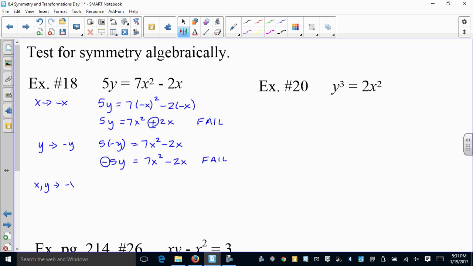So now I have 5 times negative y equals 7 times negative x squared minus 2 times negative x, which gives me negative 5y equals 7x squared plus 2x. And again, this one failed twice. It failed here, and it failed here. So this one has no symmetry.